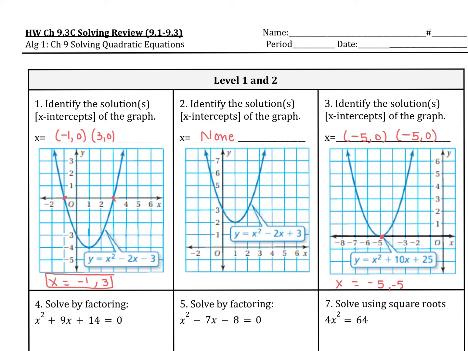It's called a repeating root or one real solution. So this one is one real solution, this is no real solution, and the first one is two real solutions.